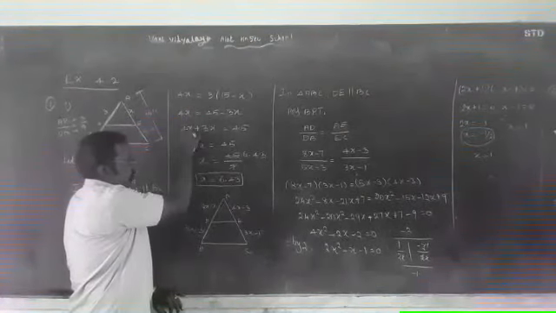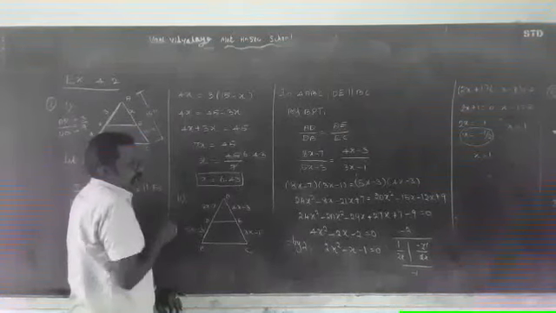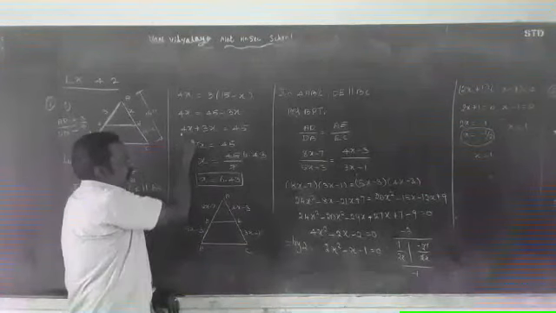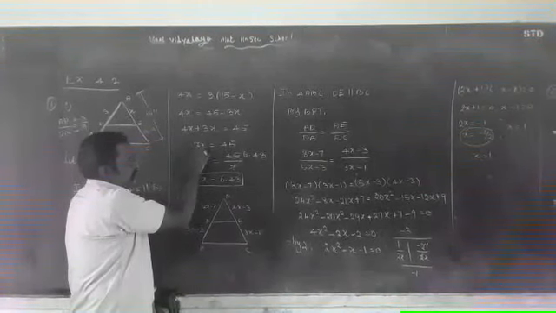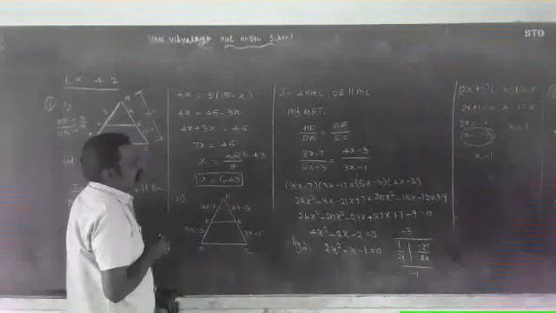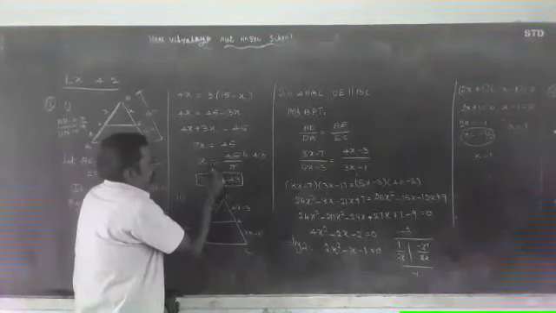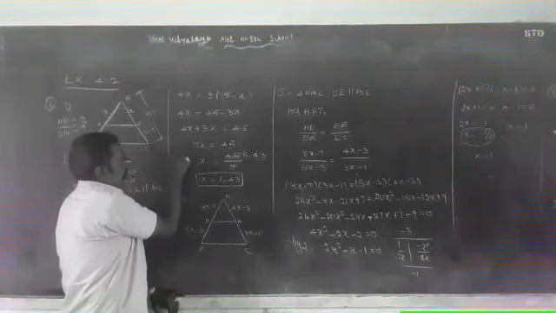So 4x, the 3x comes to the right-hand side, 4 plus 3, 7x equals 45. X equals 45 by 7.